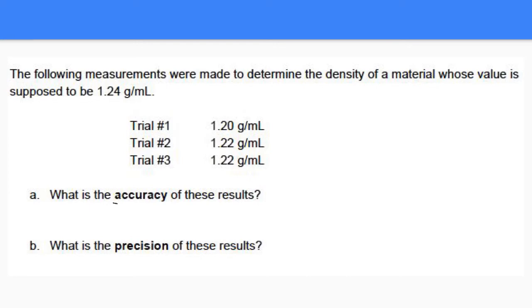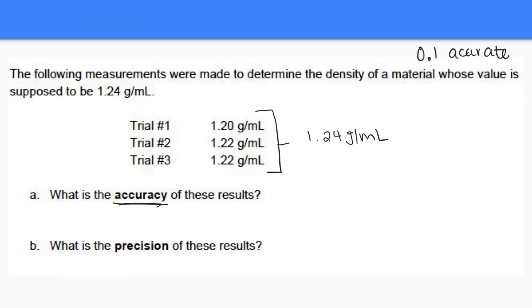It says, what is the accuracy of these results? Well, the value that we were supposed to get, or the known value, is 1.24 grams per milliliter. In this class, we're going to say that if something is within 0.1, a tenth place, it is accurate. So we want to know, are these 3 values within 1/10 of 1.24?